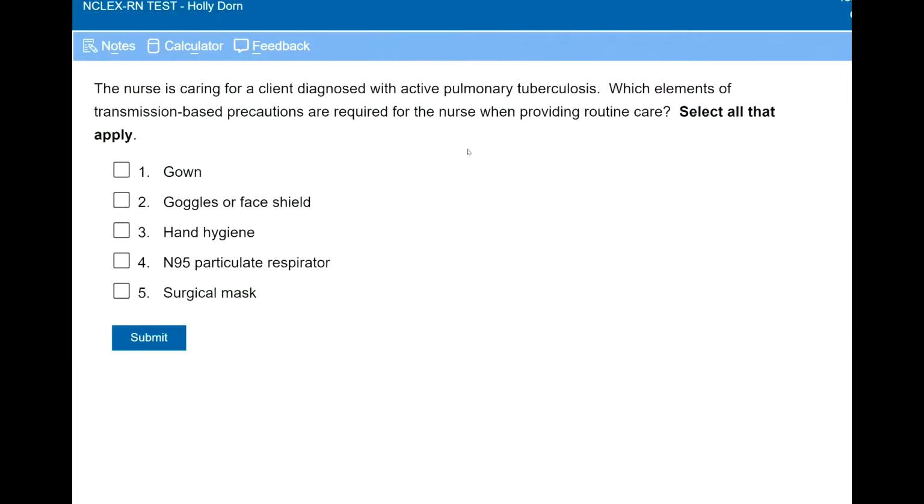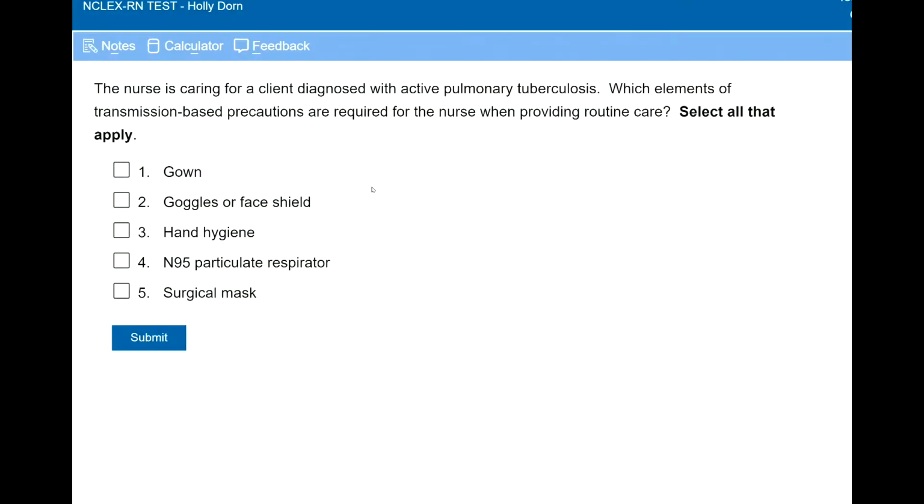We need to take our question at face value and not read into it any further. So we need to note that this question is asking about routine care, and that means what is required only. We don't want to add or subtract anything from this. So going off of those, we are going to look at our options here.